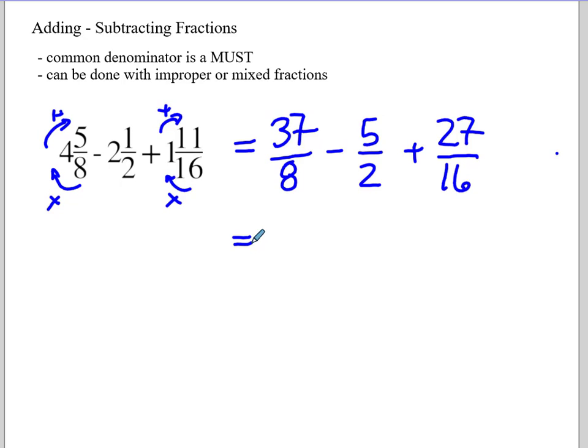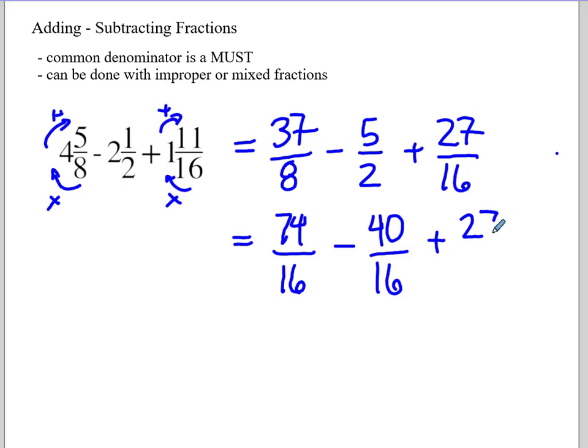So the first one is going to become 74 sixteenths. I multiplied top and bottom by 2. Then I'm going to subtract 40 sixteenths. I multiplied top and bottom by 8 to get that term. And then the last term is 27 sixteenths.